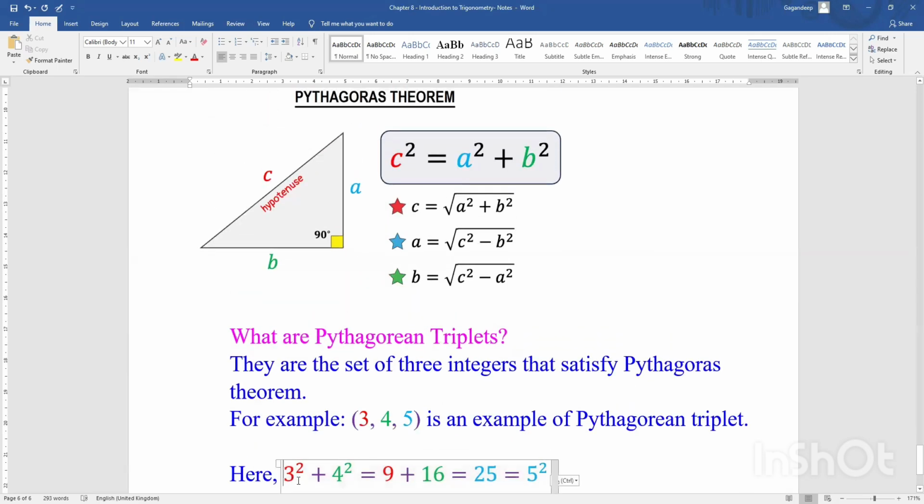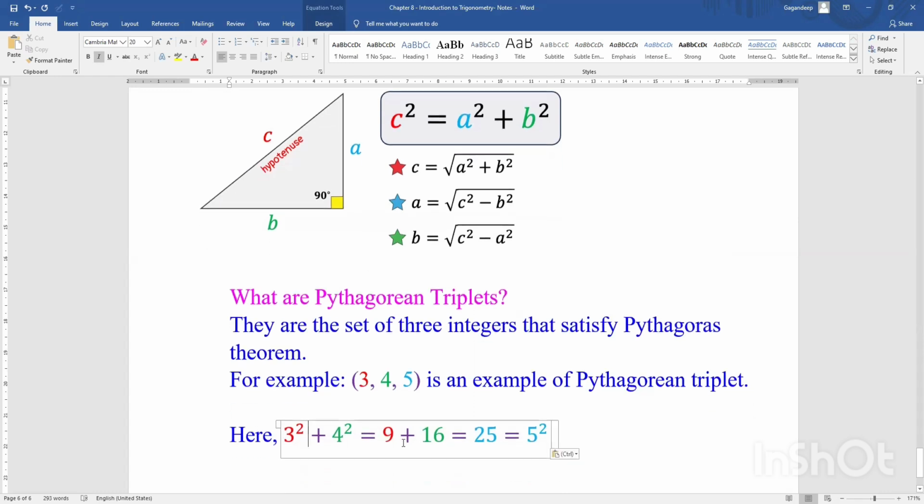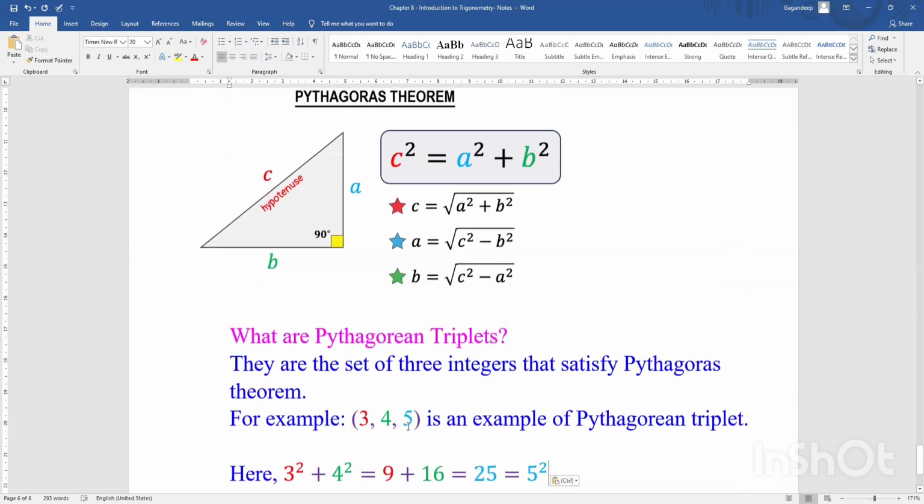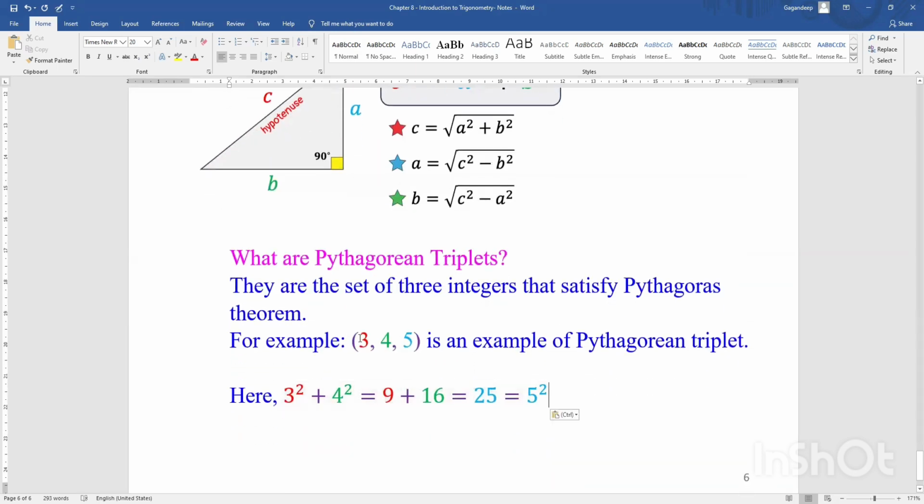That means 3 square plus 4 square. What is 3 square? 3 square is 9, 4 square is 16, 9 plus 16 is 25. So 25 equals 5 square, right? So that means you can construct a right angle triangle with these three measurements. So 3, 4, 5. You will get a right angle triangle with these measurements 3, 4, and 5.